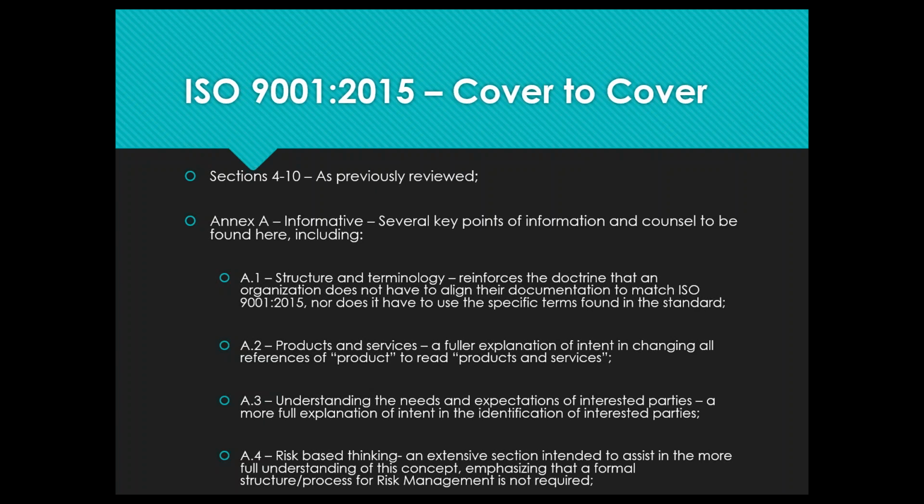Annex A1 is called Structure and Terminology. All of what's in Annex A is guidance. It's unique in that there are very few standards where there is guidance written right into the standard.